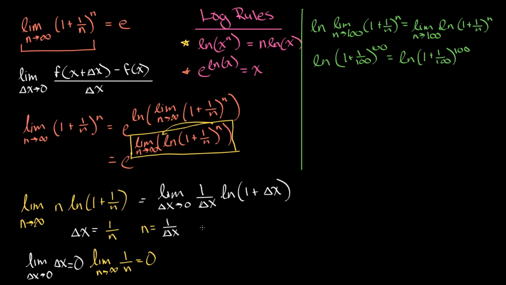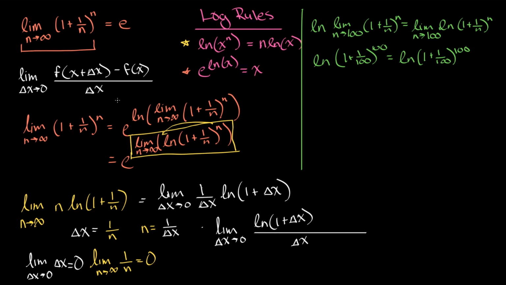If I were to rewrite this one more time, this is the limit as delta x goes to 0 of ln of 1 plus delta x, all over delta x. Maybe this form looks a little more familiar, and you can see we're very close.